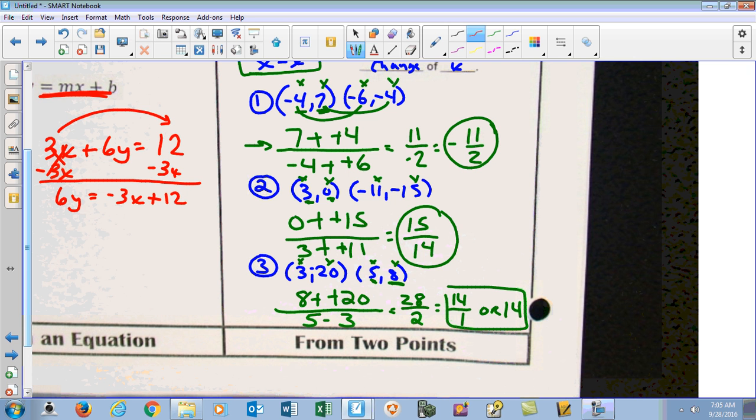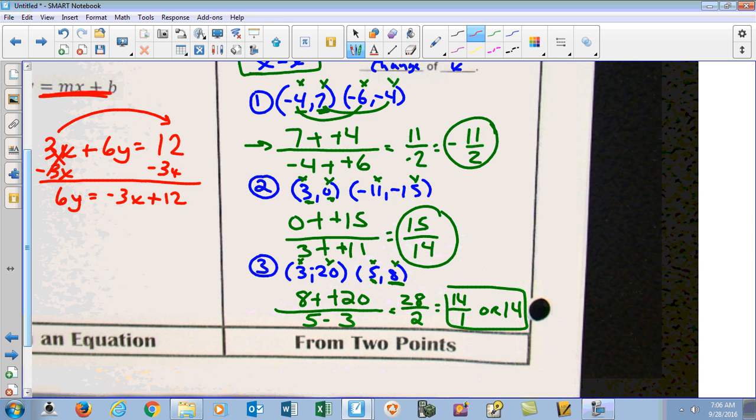I can't add them together because they are not like terms. Okay, so if they are not like terms, I cannot add them together. All right. So now that I'm here, I have to get into y equals. Well, I have a 6y. So remember in solving equations, we had 2x equals 6 or something like that, and we had to leave the x but move the 6. Well, now we divide.